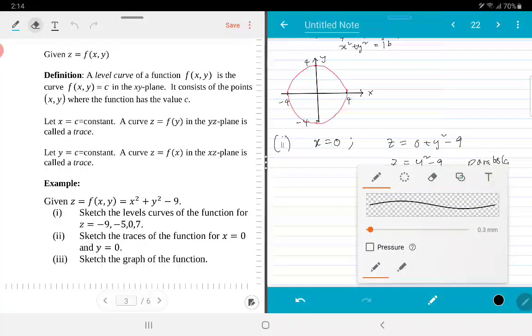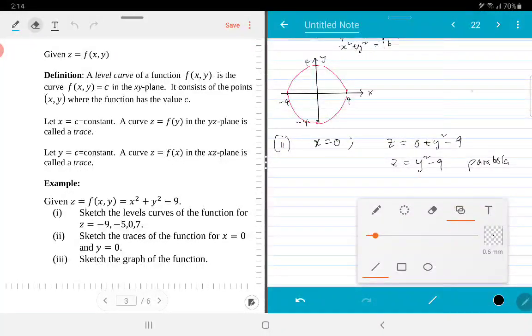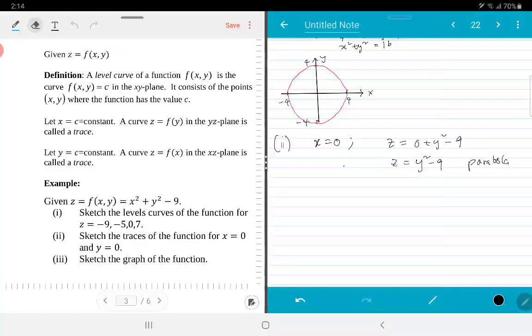But our parabola now is on the YZ plane. So this is the y-axis and this is the z-axis because the equation involves y and z.